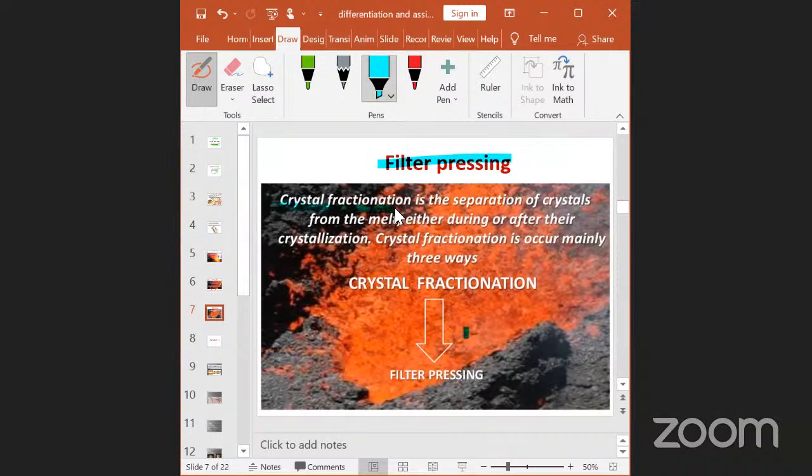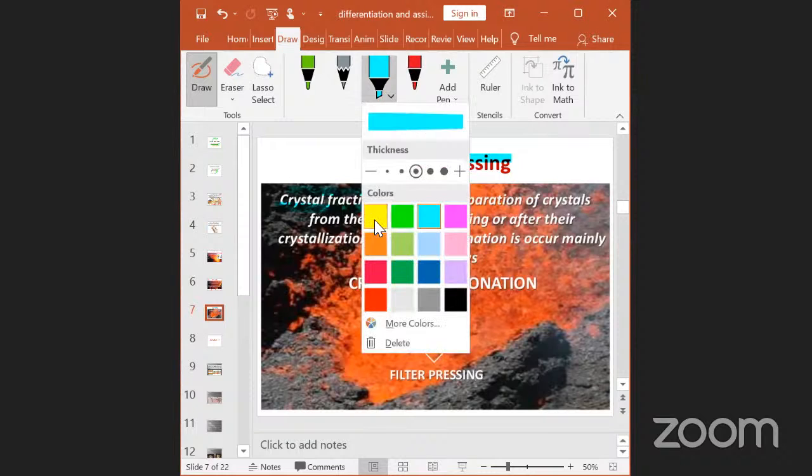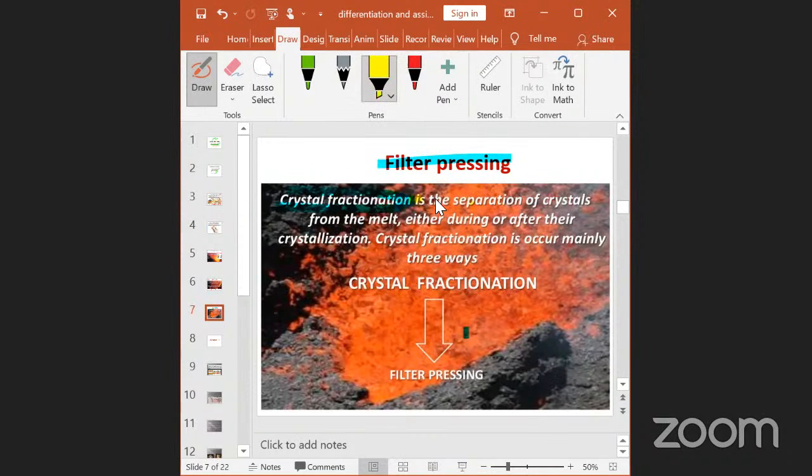Crystal fractionation is the separation of crystals from the melt either during or after their crystallization. Crystal fractionation occurs mainly in three ways, right? So I will tell this. What is the filter pressing?